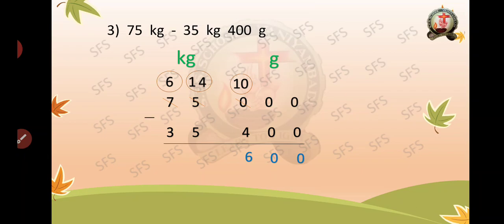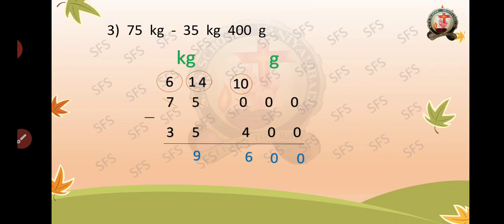Now 14 minus 5. After 5, 6, 7, 8, 9, 10, 11, 12, 13, 14. So how many fingers? It is 9. So 14 minus 5 is 9.